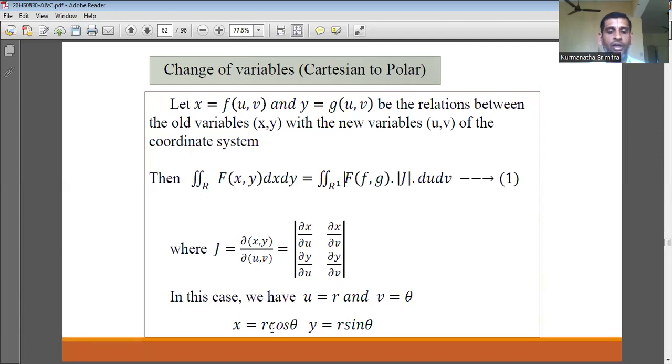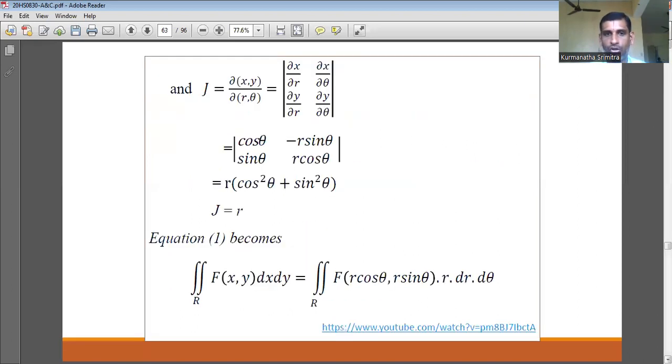Here f means r cos theta, and g means r sin theta. By considering these transformations, we can easily change the Cartesian coordinates to polar coordinates, and then calculate the double integration.